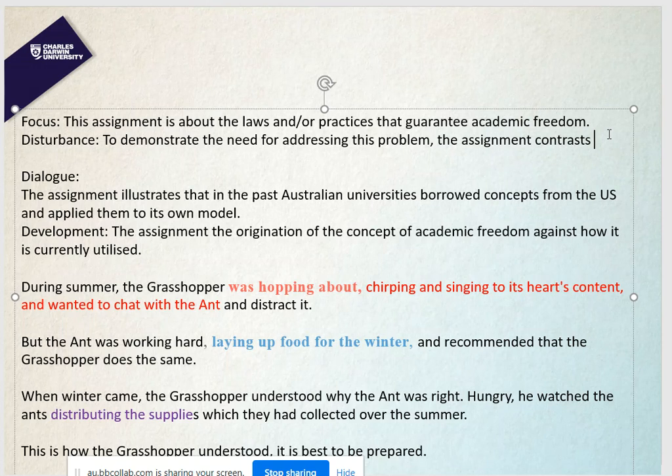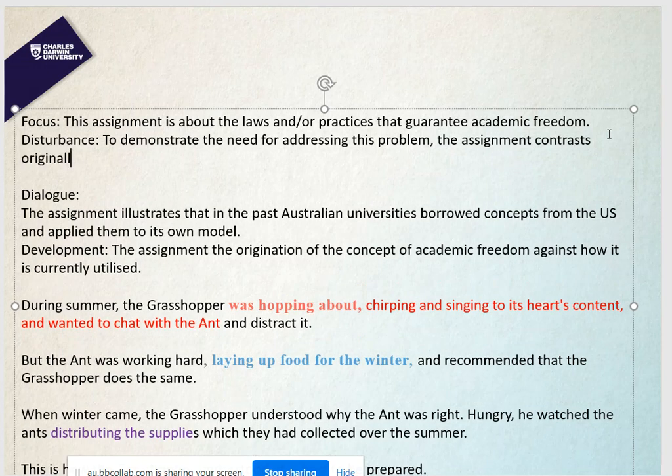Well, if we simplify it down to a maths equation, originally academic freedom meant A. And now, in the present day, originally it meant what?